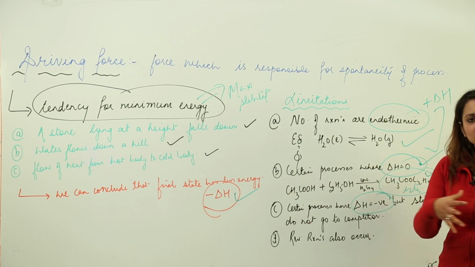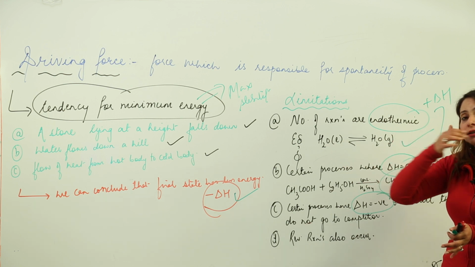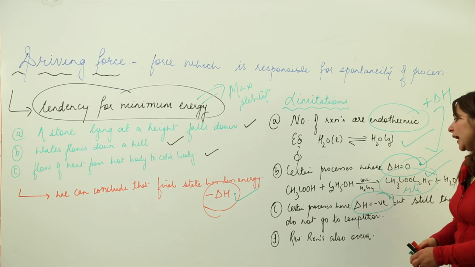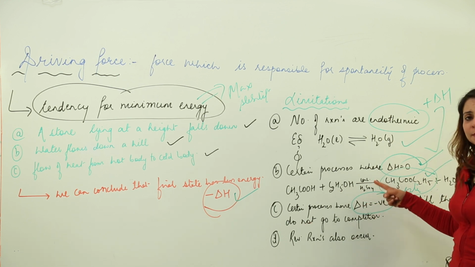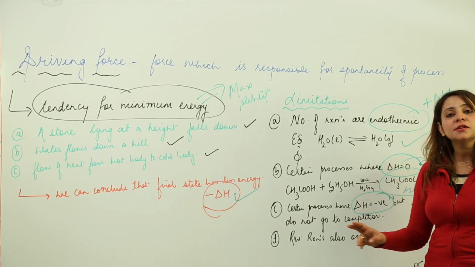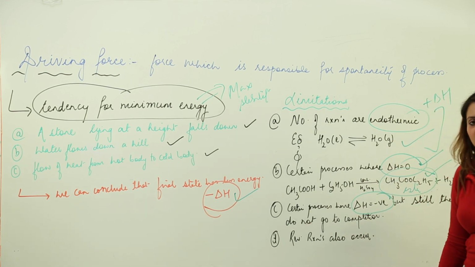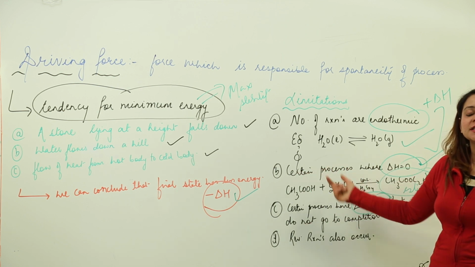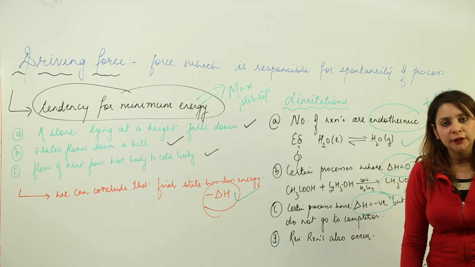That means it moves in a forward direction, but the reaction doesn't complete in a proper manner, it just stops midway. Because delta H is negative here, the reaction must have been completed in that case. But here there are certain processes where delta H is negative, but still the reaction doesn't go to completion. This actually proves that this factor is not a sole criterion for deciding the spontaneity.